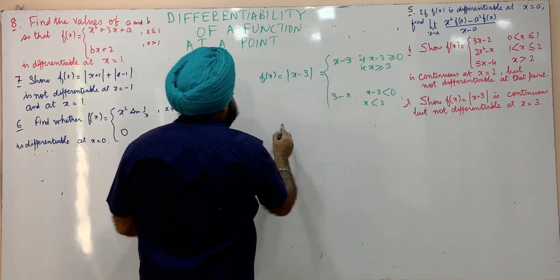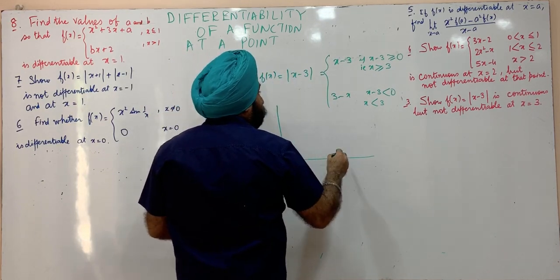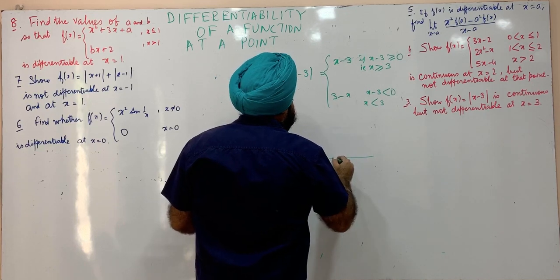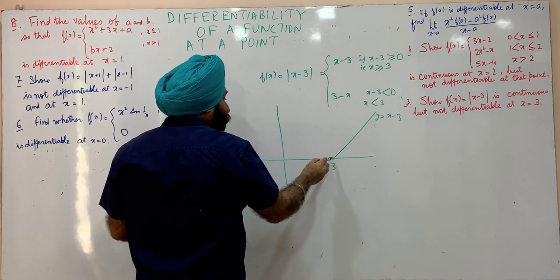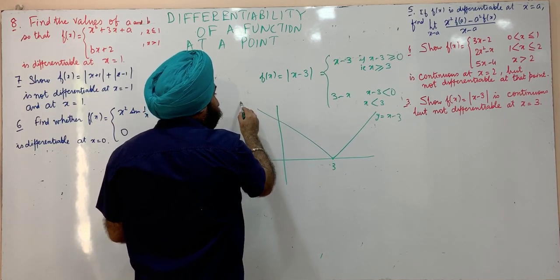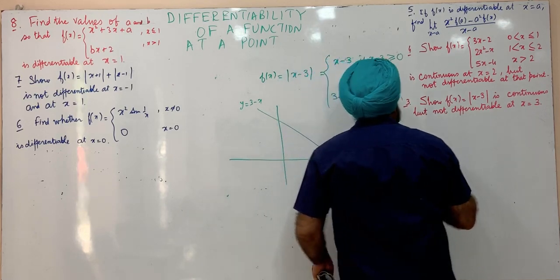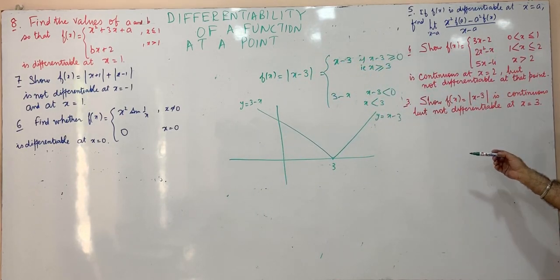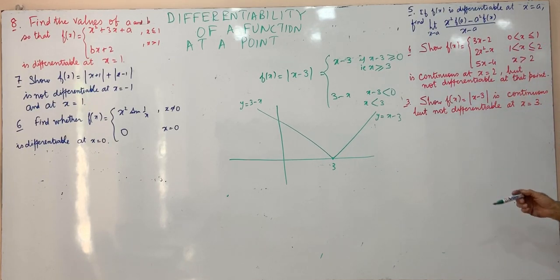So we can plot graph of the function. This is 3 and to the right of 3 it's x minus 3, y is equal to x minus 3. To the left of this, y is equal to 3 minus x. This is graph of the function. So from the graph we can see that at x is equal to 3 we have a sharp bend or corner point. So we can say this is not differentiable at x is equal to 3.